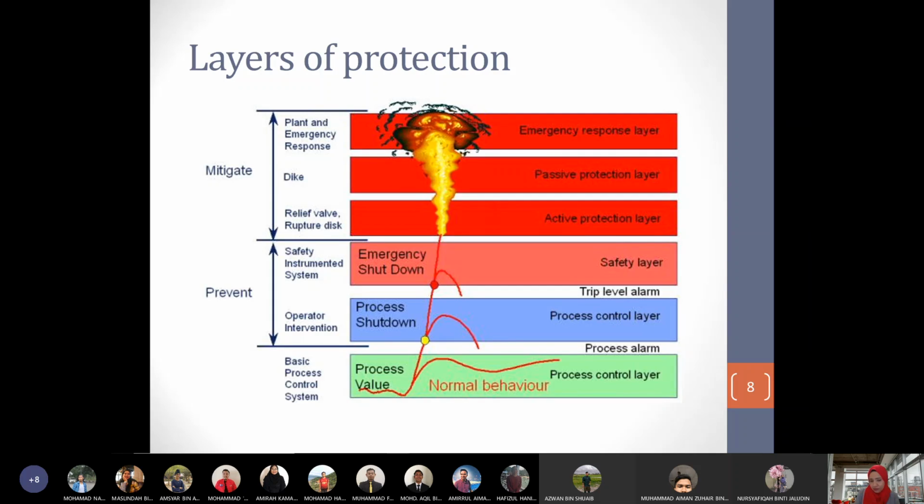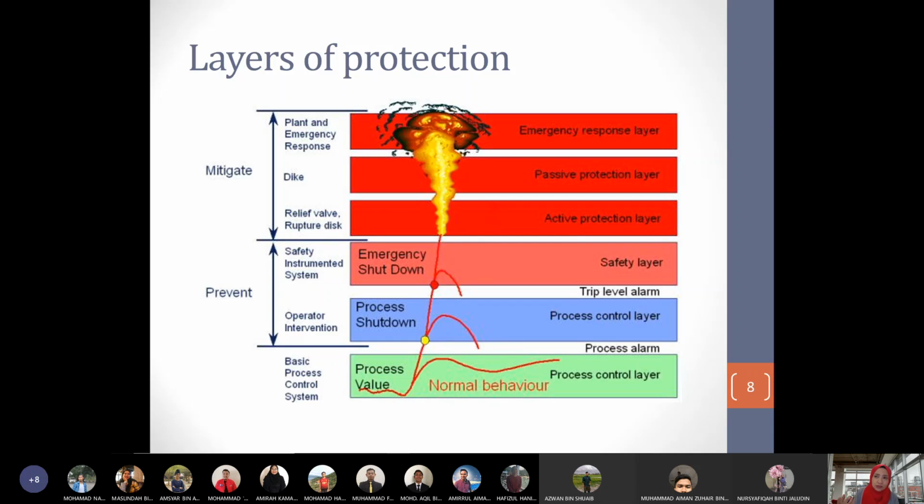So there can be many different process values, and if the value exceeds what is set, then it will immediately trigger the process control layer like an alarm system.